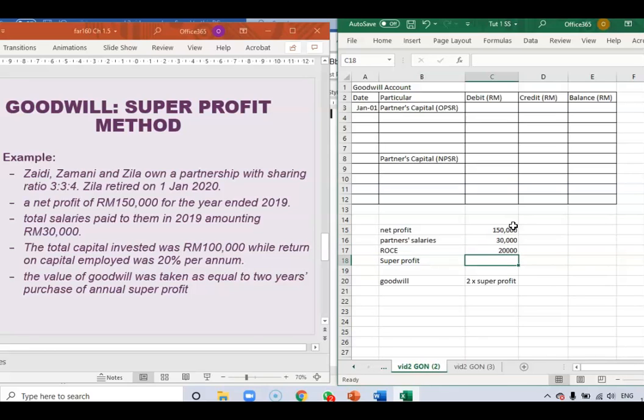So that is the return on capital employed. So you need to less the salaries and less the return on capital employed, so that you will have the figure of a super profit.